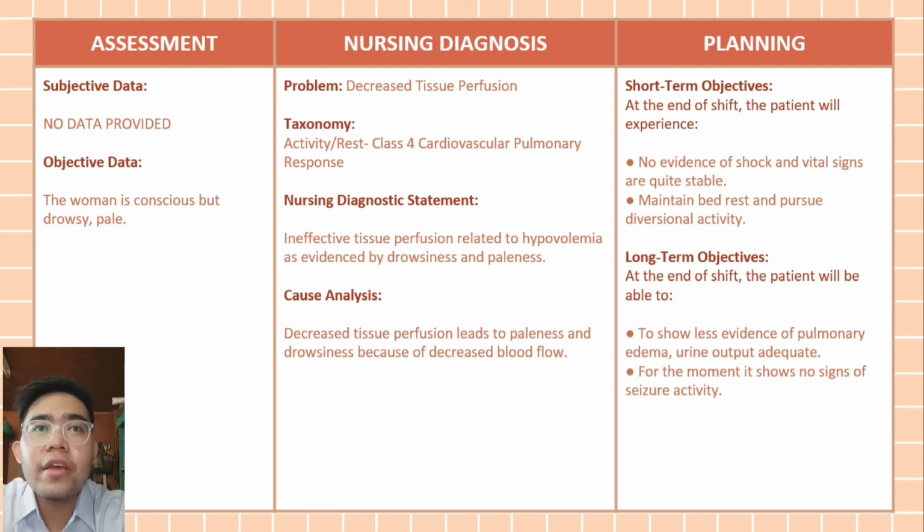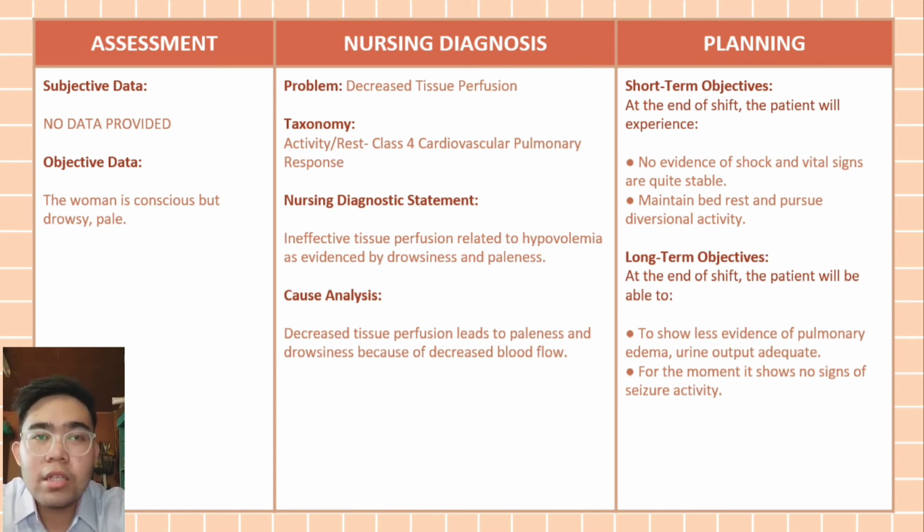So in the nursing diagnosis, the problem states that there is a decreased tissue perfusion. The taxonomy of it is activity rest, class 4 cardiovascular pulmonary response. The nursing diagnostic statement of it states that ineffective tissue perfusion related to hypovolemia as evidenced by drowsiness and paleness.